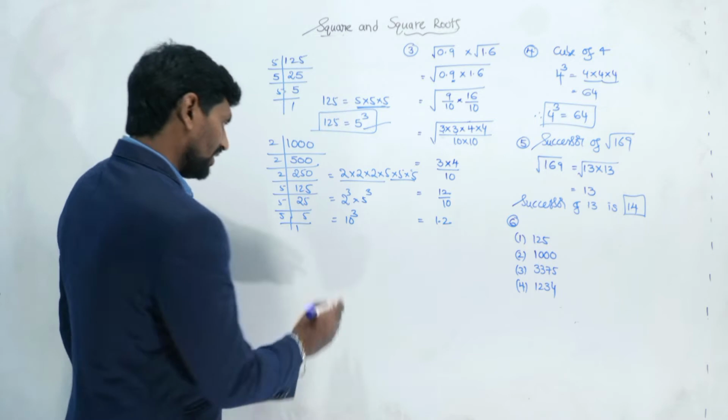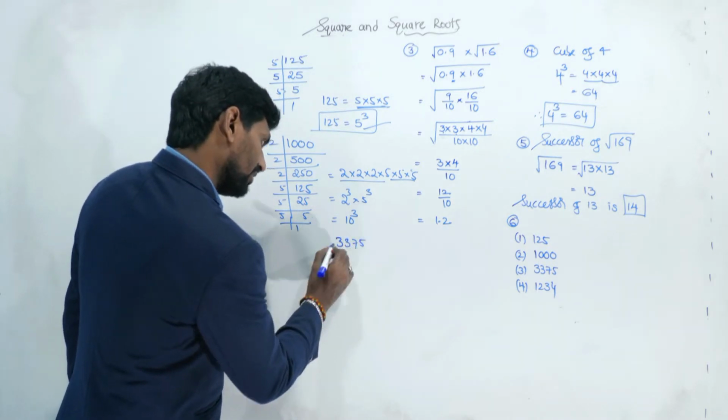Let us go to the third one, 3375. Identify the prime factors.